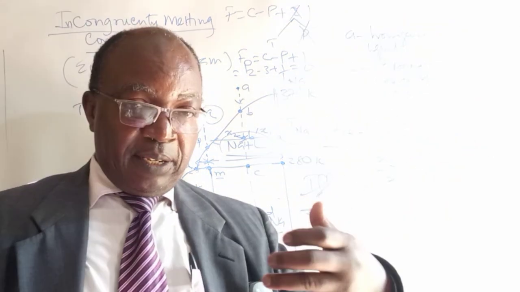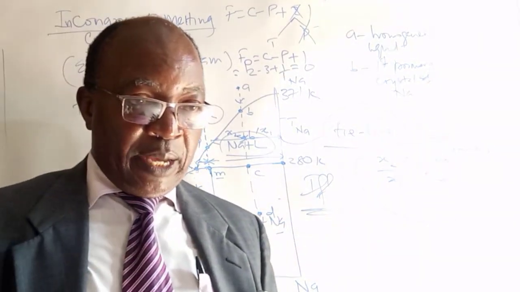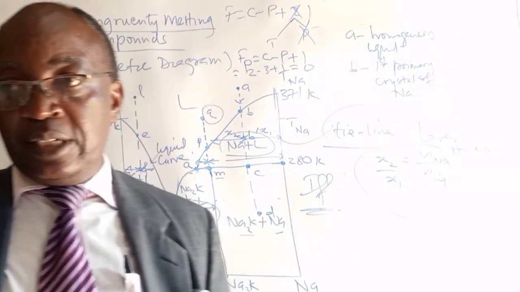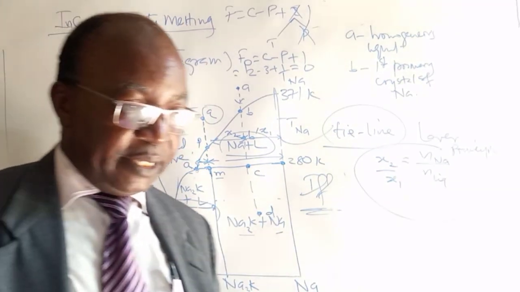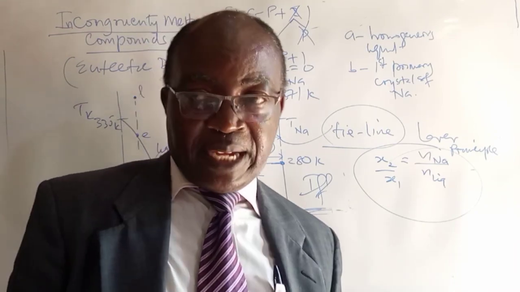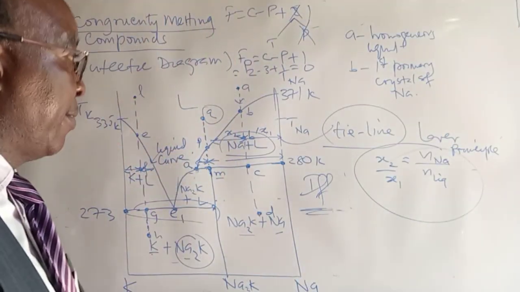We have seen that we can have incongruent melting, and that is a peritectic reaction. In other words, the compound does not dissociate symmetrically into its stoichiometric components. That's very, very important for us to know.